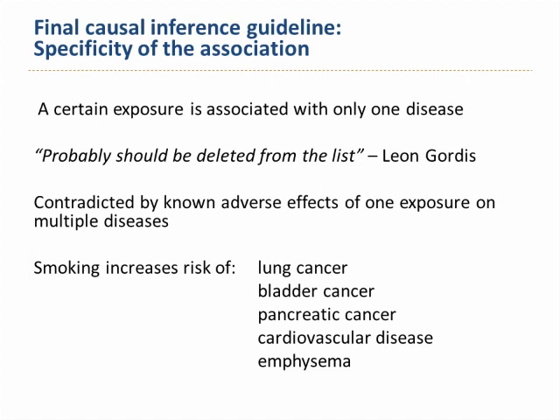However, while we don't need to require that a certain exposure is associated with only one disease, it's still useful to think about specificity in terms of having an association present in certain situations and not in others. And this does aid us in our ability to draw causal inference.